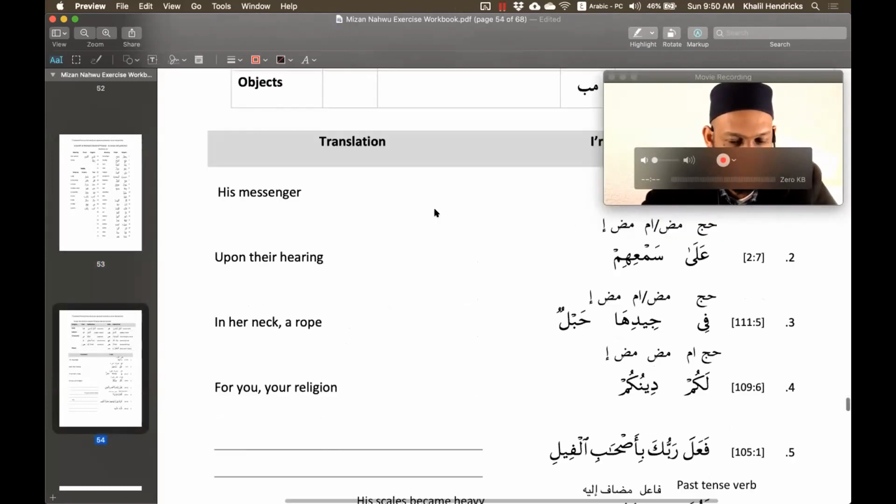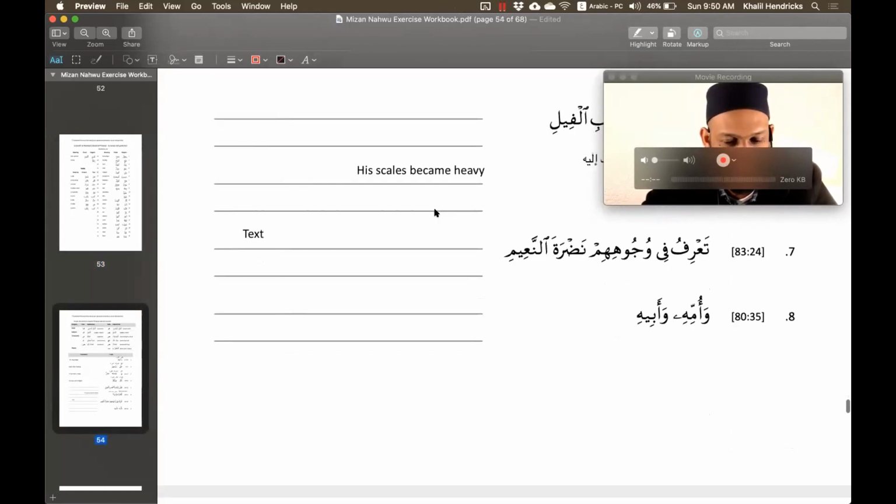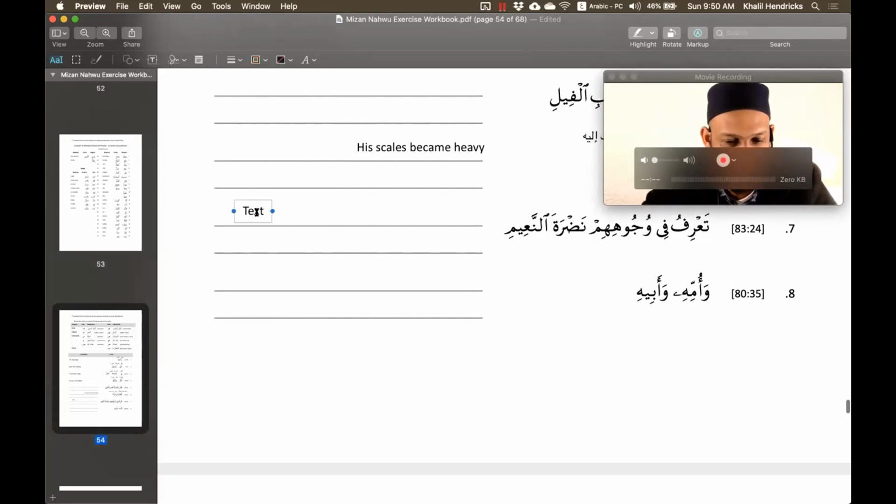Okay, so let's leave raised for now. Let's just say he recognizes. So what is the meaning of ta'rifu then? You recognize. What's fi wujuhihim? Fi is in.